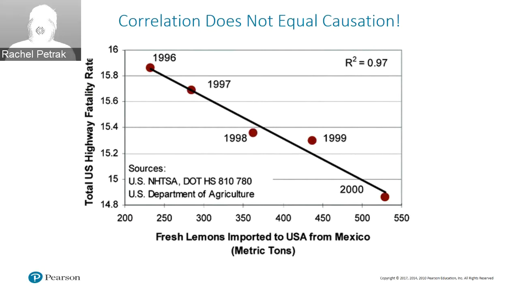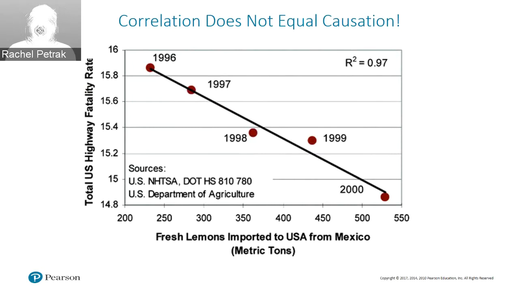Hopefully, you're thinking about time, because you can see here, looking at the diagram, that there's also a clear relationship between the year and both highway fatality rate and fresh lemon imports. So over time, since 1996, more and more fresh lemons have been imported to the US from Mexico. On that same time span, we see a decrease in US highway fatality rates.